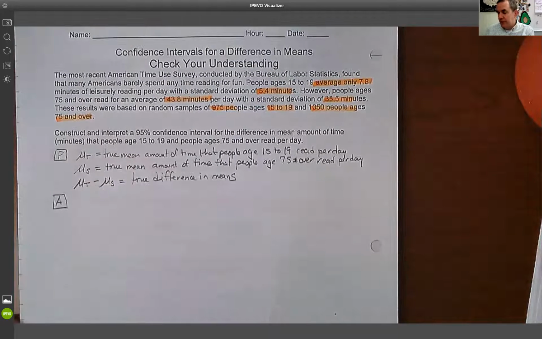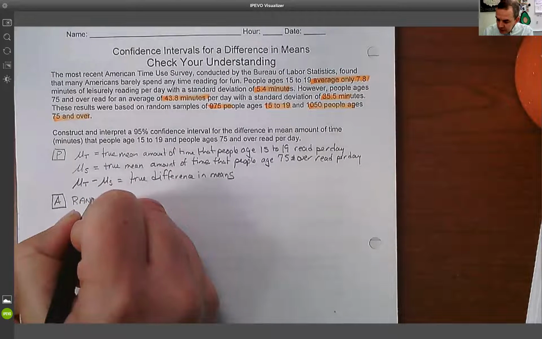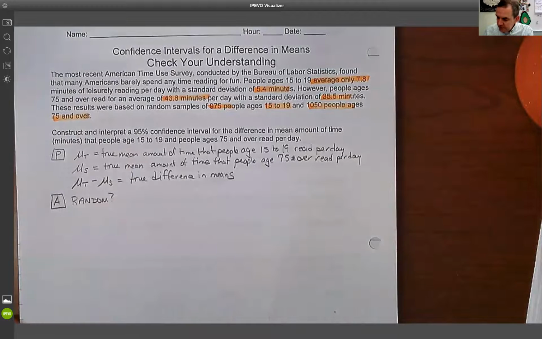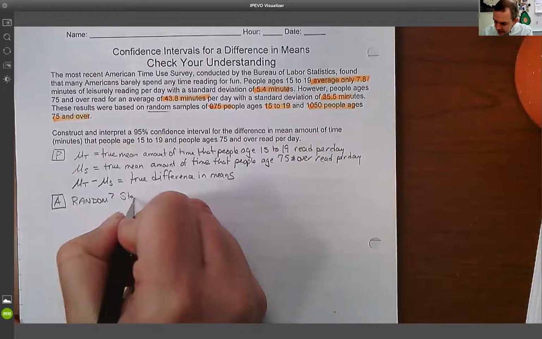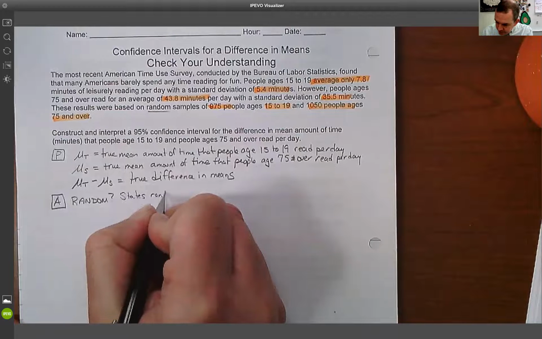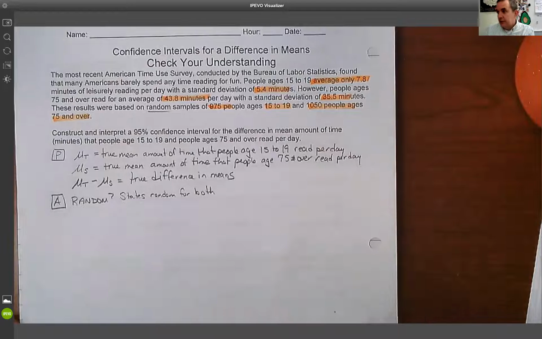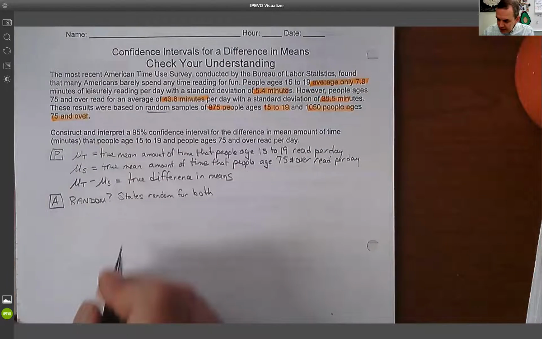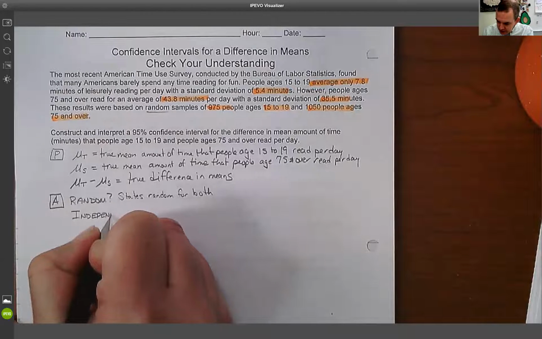Now with A, we're going to validate our assumptions, and we need to do it for both. First we check random, and the problem states random for both. Now we're going to check independent, and that's the 10n check.